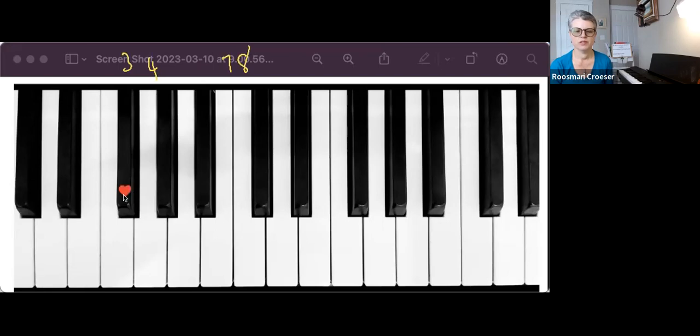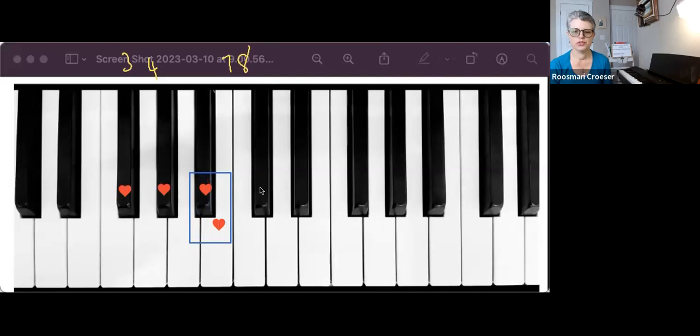F sharp from 1 to 2, whole step. From 2 to 3, whole step. Now watch out, because from 3 to 4, I have my half step. Okay, we're going to test this and see if this works.